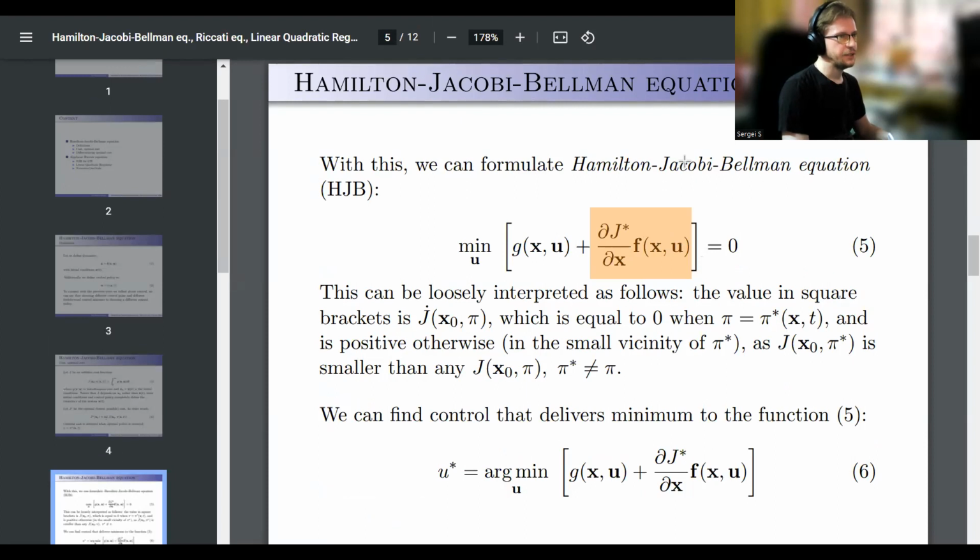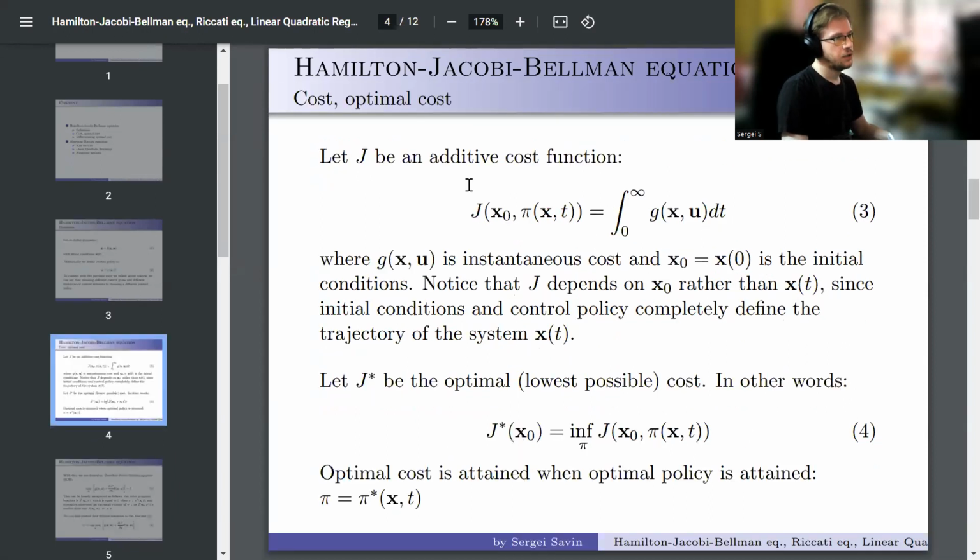That's the partial derivative with respect to x. Now the second component will be the partial derivative with respect to time. Look at what this is equal to. It is a time integral. So the partial derivative with respect to time would be just the instantaneous cost of x and u.